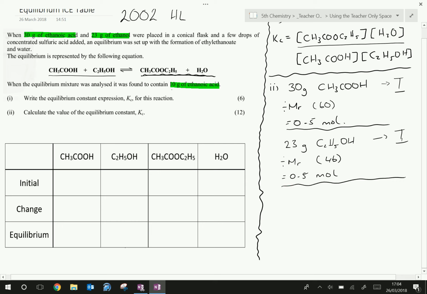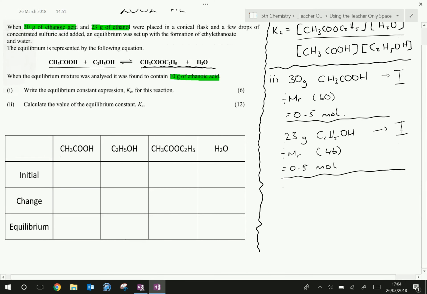Finally, I need to turn this 10 grams of ethanoic acid into moles. So I have 10 grams of ethanoic acid. And we're told in that sentence that when the equilibrium mixture was analysed, so it's at equilibrium, then it had 10 grams of ethanoic acid. So this 10 grams of ethanoic acid isn't initially, it's at equilibrium, E for equilibrium.